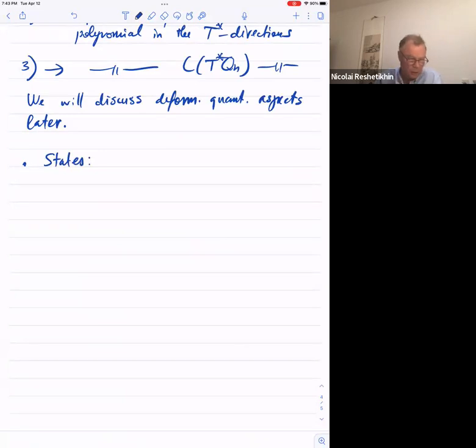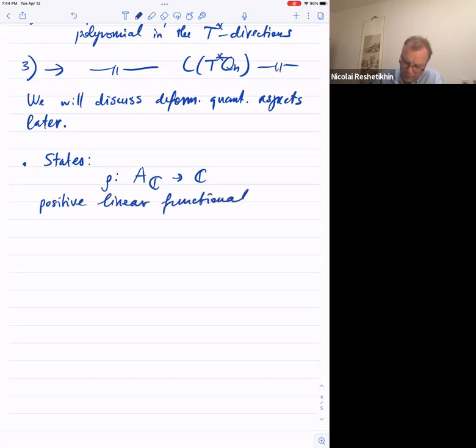So states, without going into functional analysis, I'll just say it like this. These are positive linear functionals on the algebra of observables.